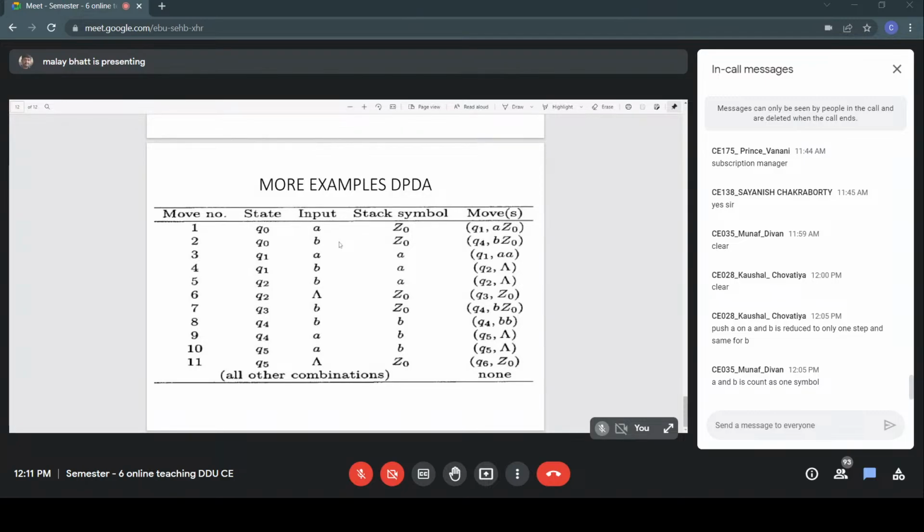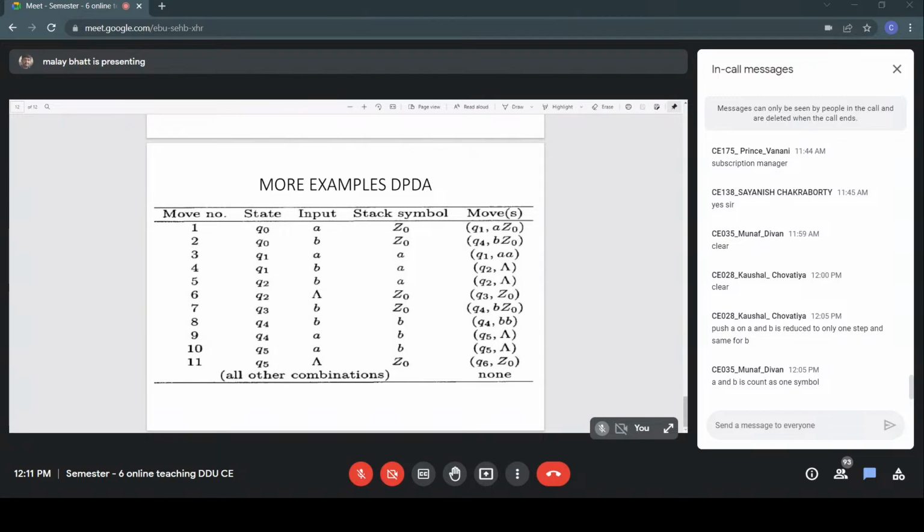Yes, can you tell about this example now? Let us do a reverse thing. Can you identify the language for which this DPDA is constructed? Can anyone recognize? Let us see how many of you understood.